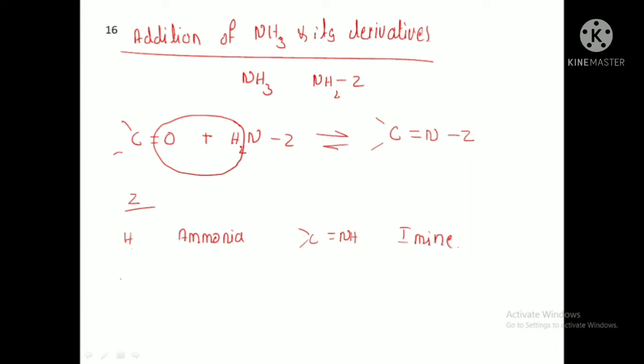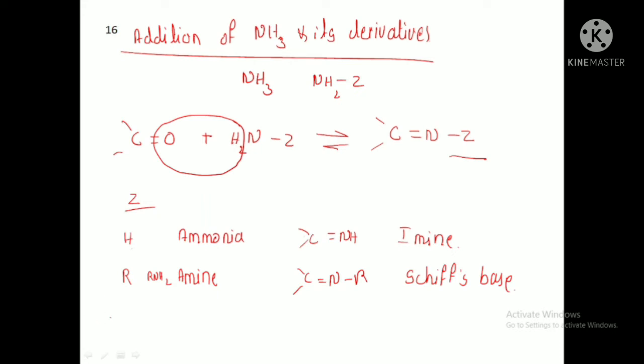Now I will take Z as an alkyl group R, that is, an amine, RNH2. Amines will form a compound like this. Nothing, only replace Z by the group which you have taken, R. This is called a Schiff base.